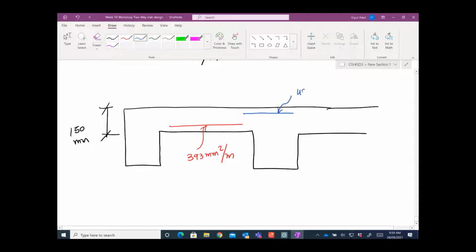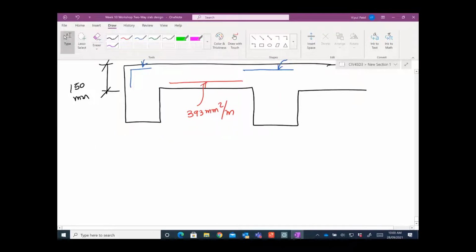So here you have 409 millimeter square per meter, and this one again we changed, 393 millimeter square per meter. I hope you understand so far that we have done the two checks to satisfy those conditions. Now we need to find the spacing.